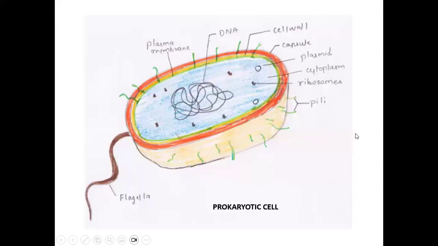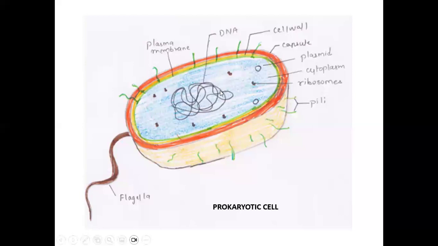So here is a diagrammatic representation of a typical prokaryotic cell. A bacterial cell or a prokaryotic cell can have varied shapes, such as it can be a rod-shaped bacteria. So here is an example of a rod-shaped bacteria. Looking at the structure of the bacteria in the cell cytosol, you can see that there is no well-defined nucleus present, but only the DNA or the genetic material is present, which is also known as a nucleoid.